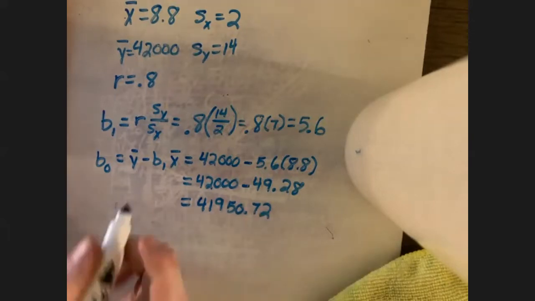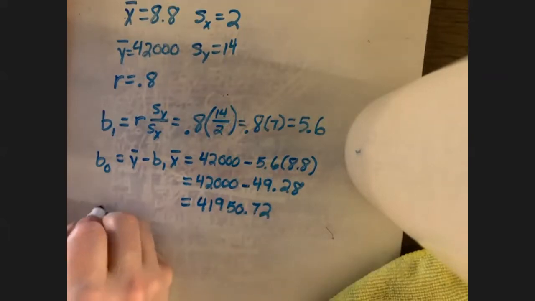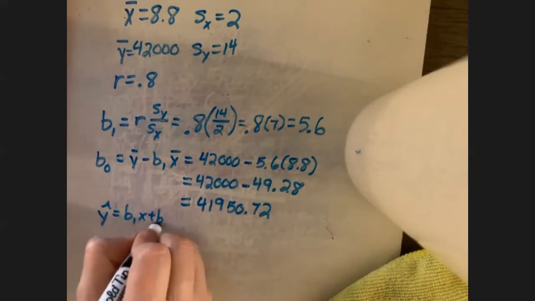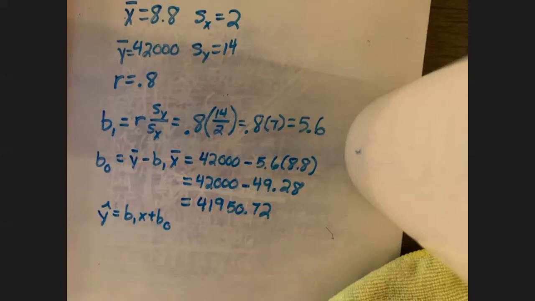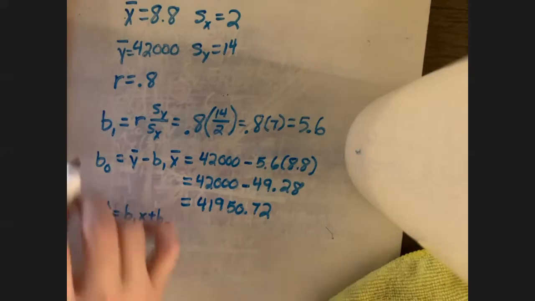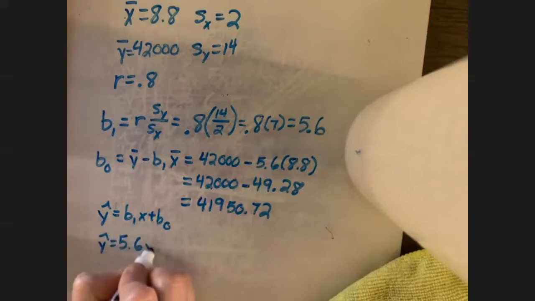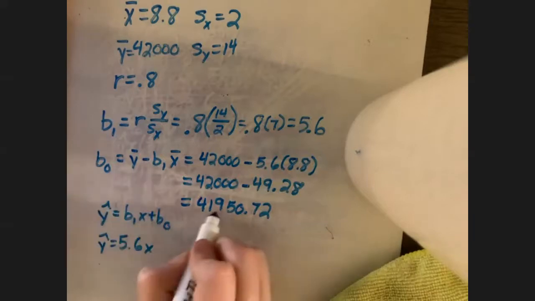And then again, if they asked you to write the equation following this notation, or if they do it backwards, you're just plugging stuff in. So B1 was 5.6. B naught is this.